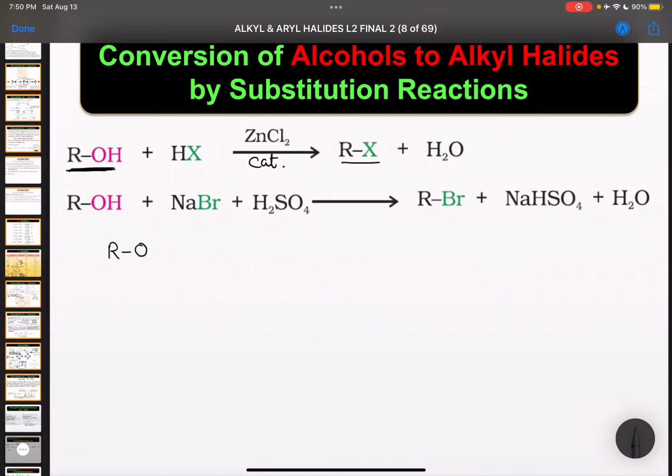And how has it happened? Suppose I want to put Br or Cl, do I need to take NaCl, simply NaCl, or HCl, or both, which can lead to the formation of RCl?